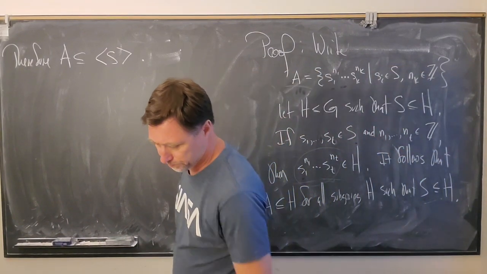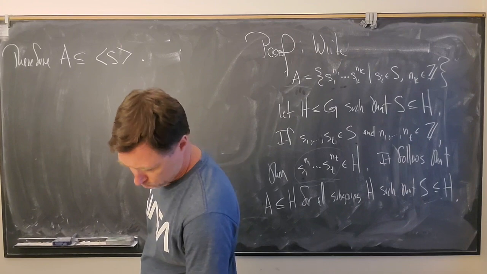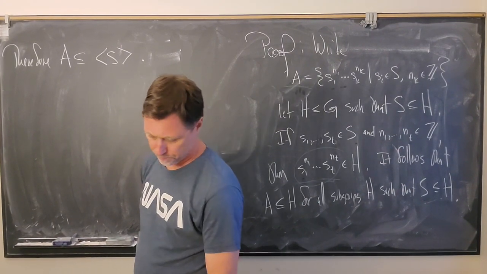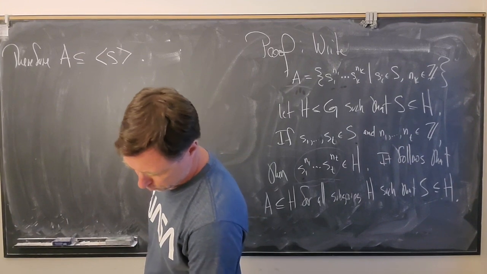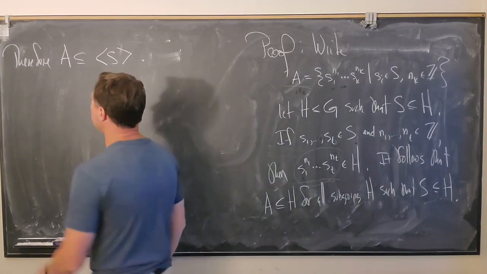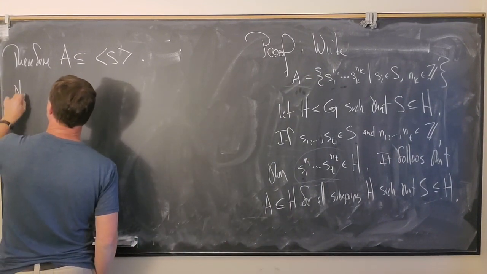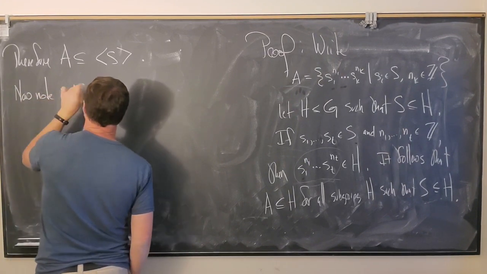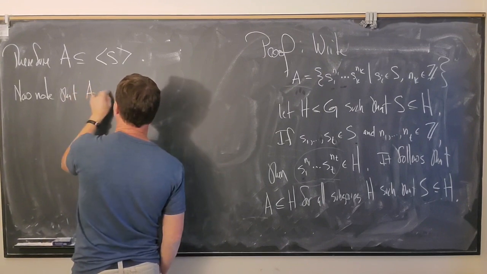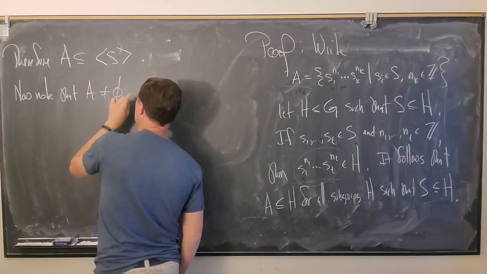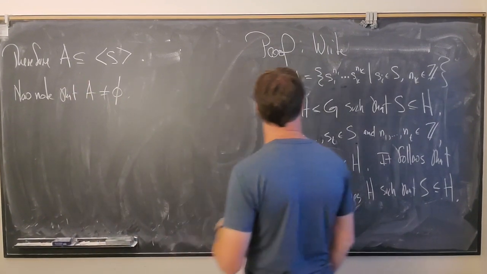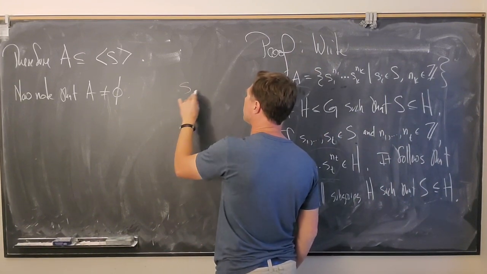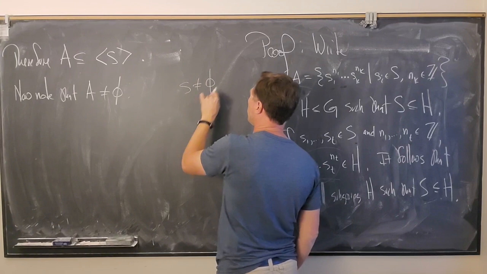So let's say now, note that A is not equal to the empty set. And the reason, if you remember what we wrote down at the beginning, we had that S was a non-empty set.